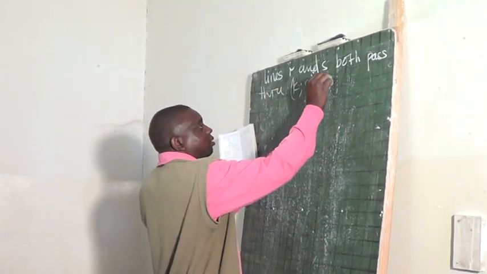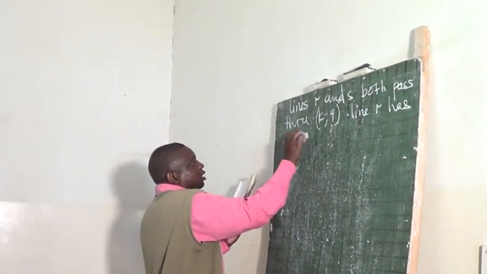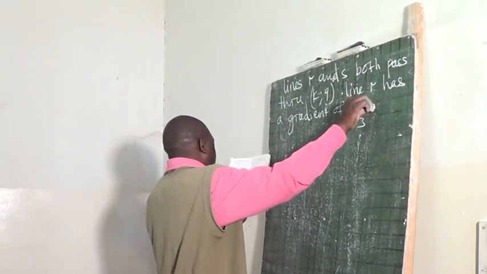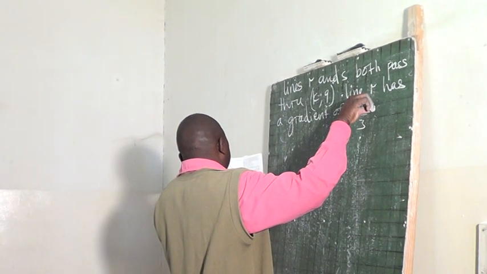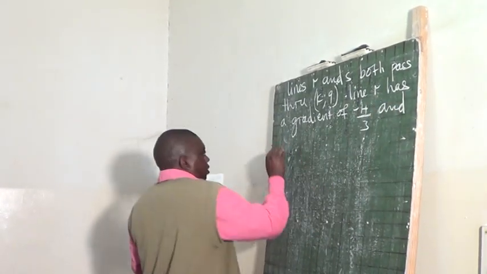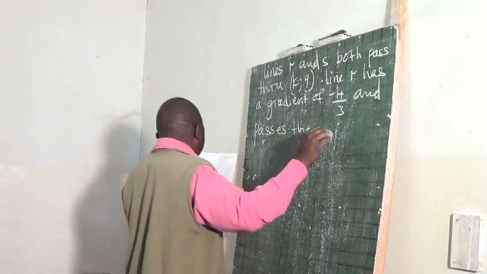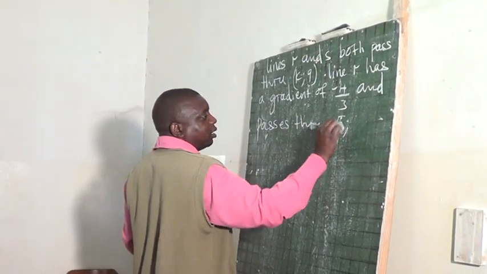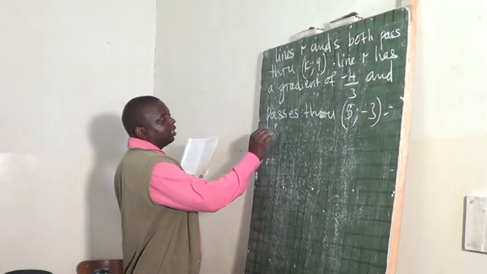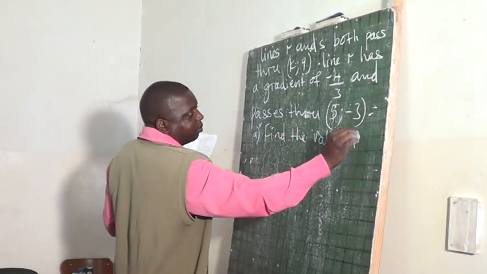Line R has a gradient of minus 4 over 3 and passes through the point (5, minus 3). Part A: find the value of k.